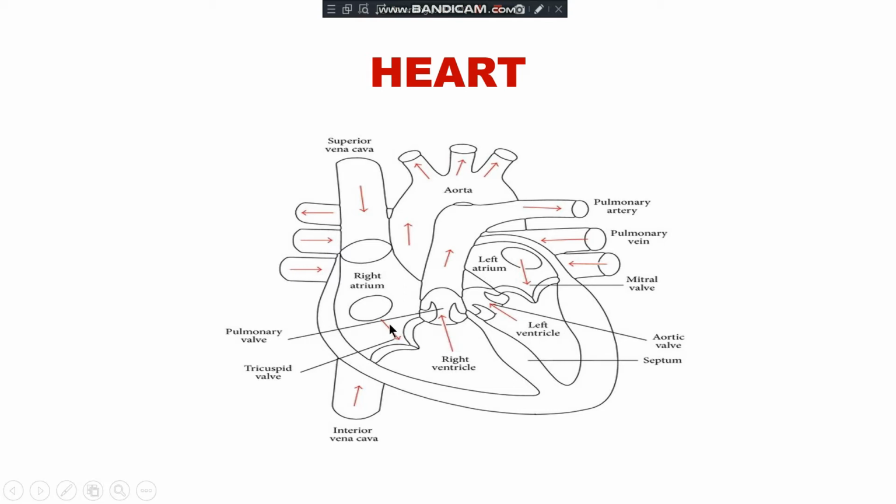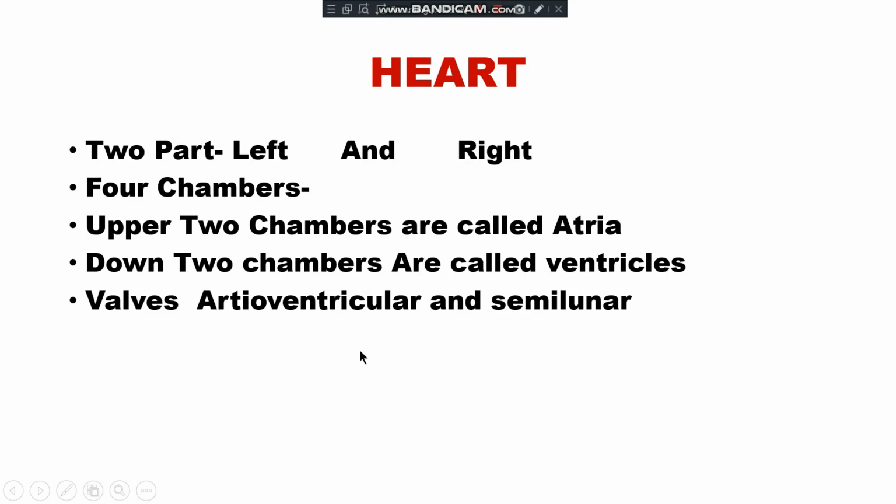When the blood comes to the atrium, then it comes to the ventricle. Once the ventricle is filled with blood, the valve will be closed. So what would happen? The backflow of the blood will not be there. Clear? Once the blood comes from the atrium to the ventricle, the valve will be closed. Understood, students? So you can see here the valves are present between the atrium and ventricle.